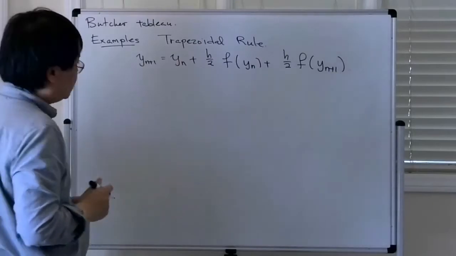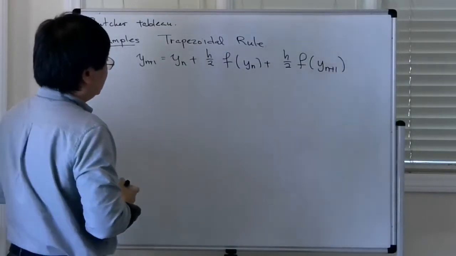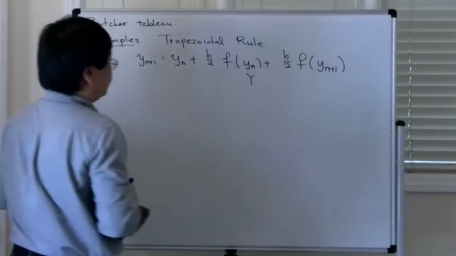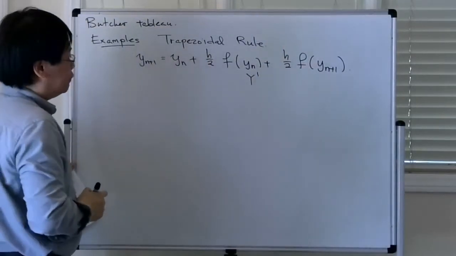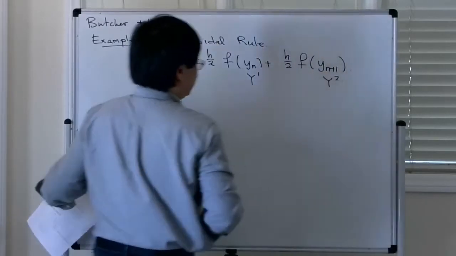If you want to compare it with the form of a Runge-Kutta method, this immediately suggests that you should think of yn as being Y1, the first stage, and yn plus 1 as being Y2.